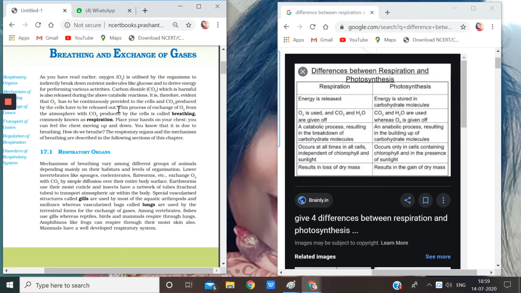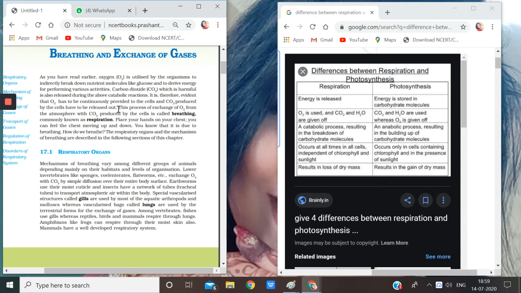Now, once the cell has used that oxygen, it will require more of the oxygen to continue whatever process the cell is going to do. So that means the supply of oxygen should be continuous.